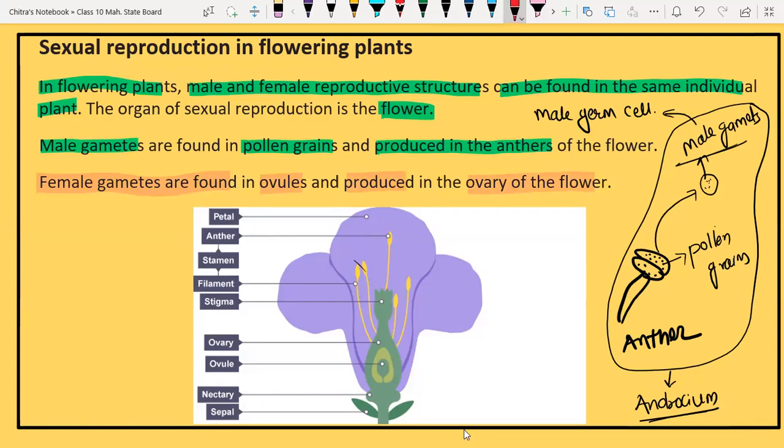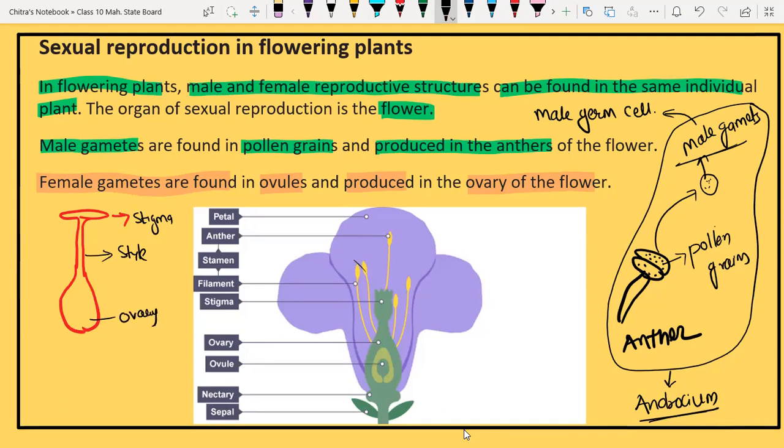Suppose this is the stigma of the flower, and from here one tube-like structure develops. This is called the style. Then at the base of the flower, we have the ovary.